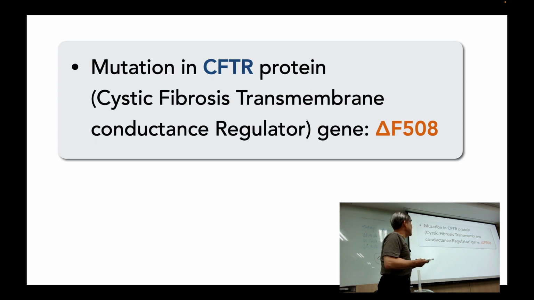This is a mutation in the gene coding for a protein called CFTR. The full name of the CFTR protein is Cystic Fibrosis Transmembrane Conductance Regulator. It is a membrane-bound protein, an ion transporter on our cell membrane.